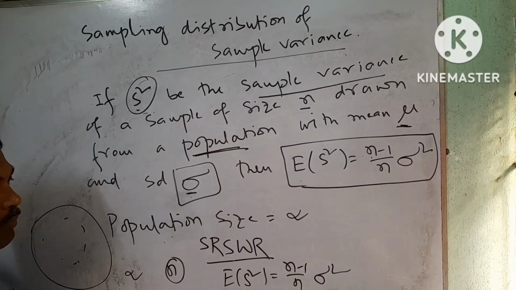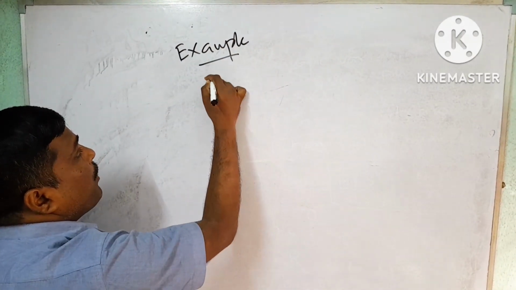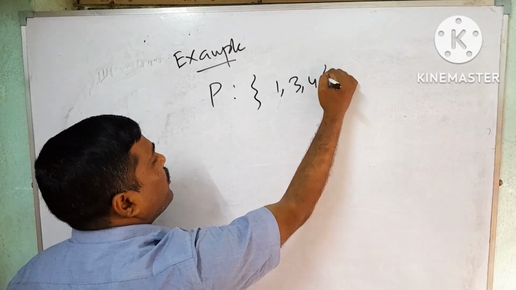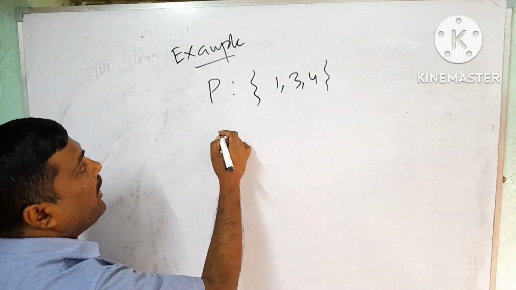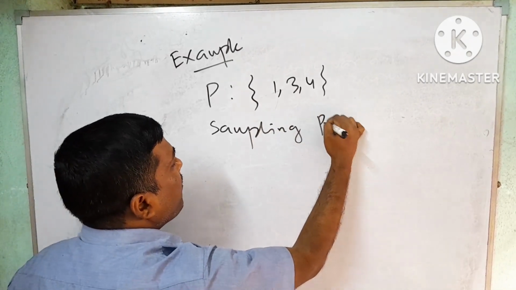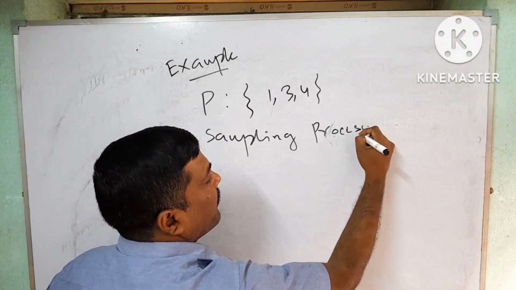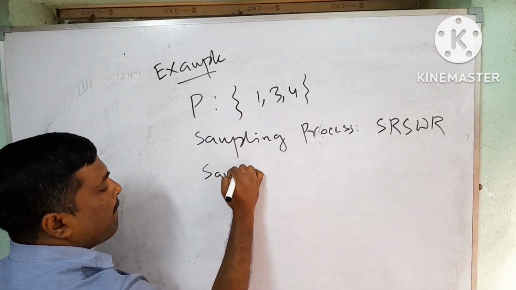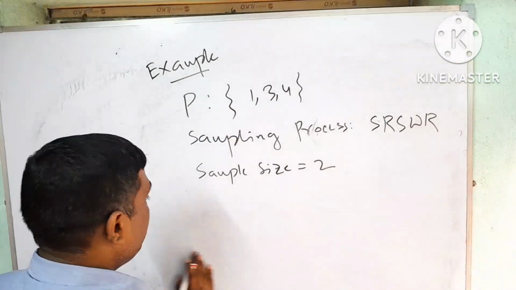Now take one example. Suppose the population is 1, 3, 4. Take this finite population P, with simple random sampling with replacement and sample size 2.